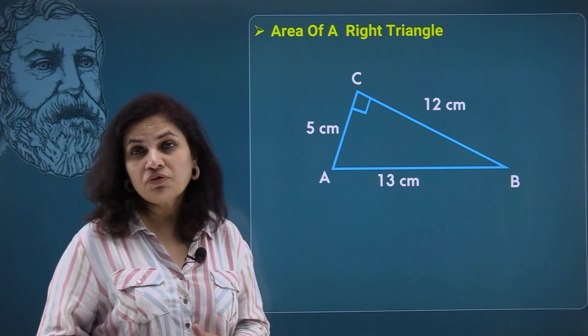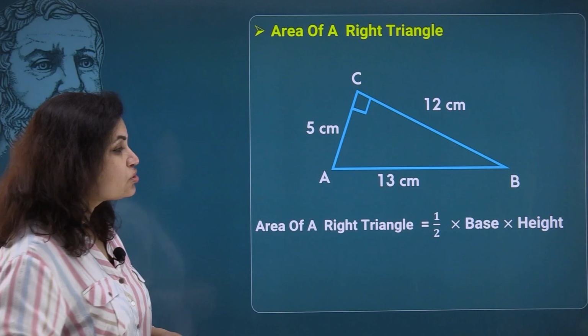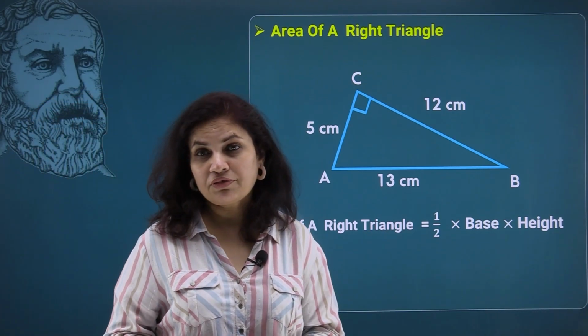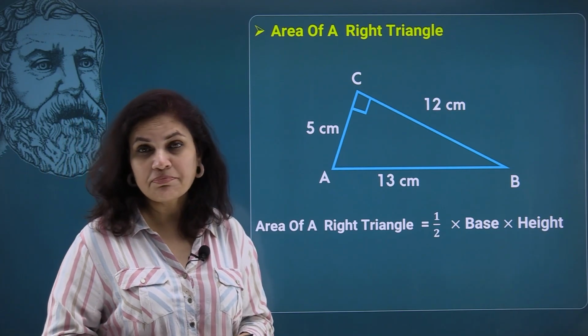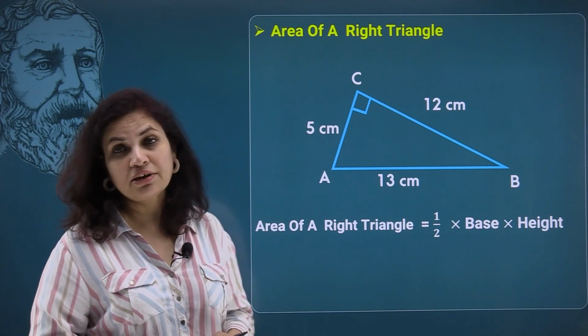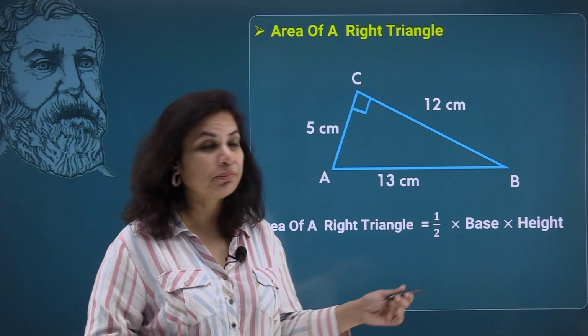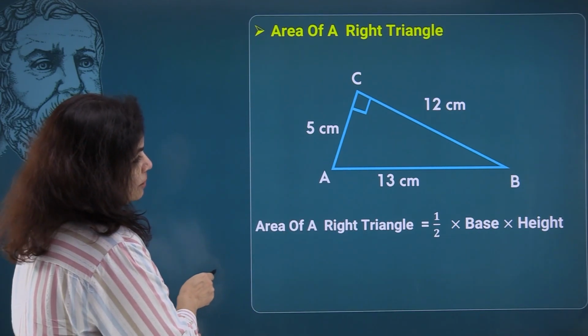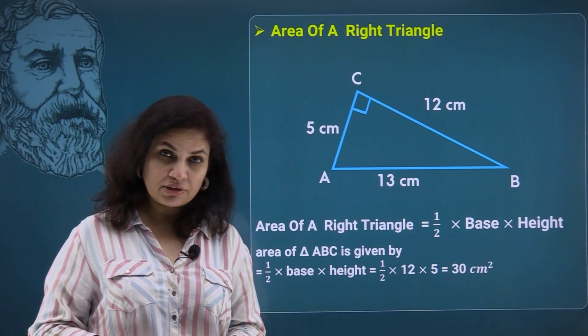So, using the formula half into base into height, the area will be half into 5 into 12, which gives me 30 centimeter square as the area of the triangle.